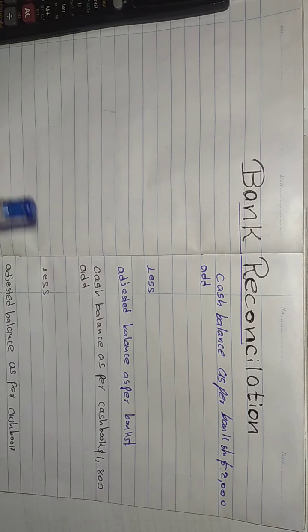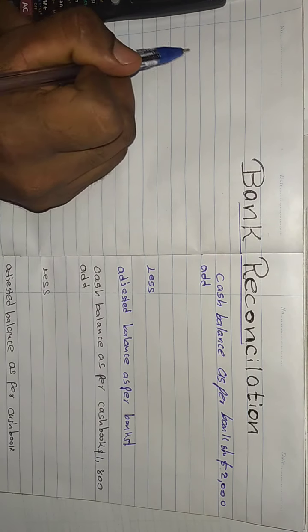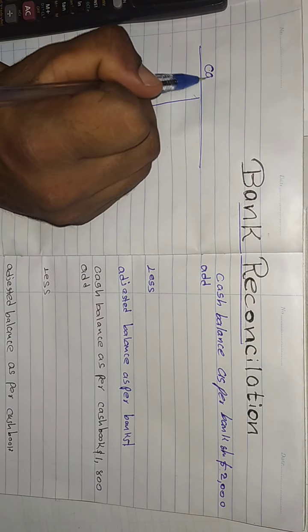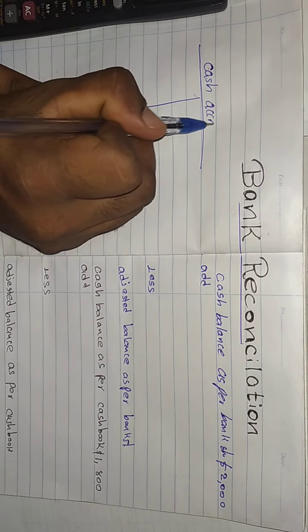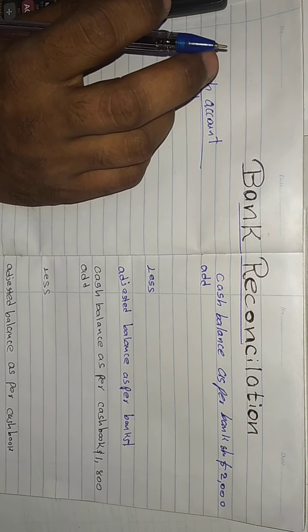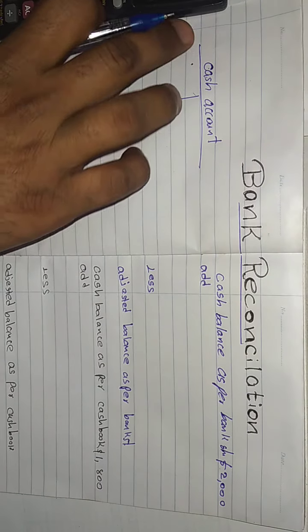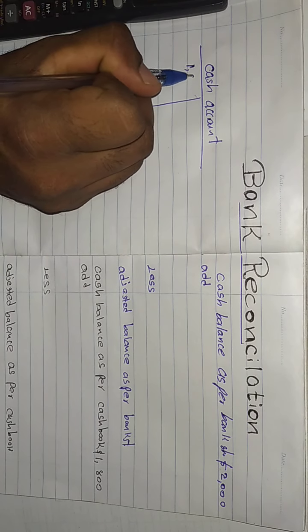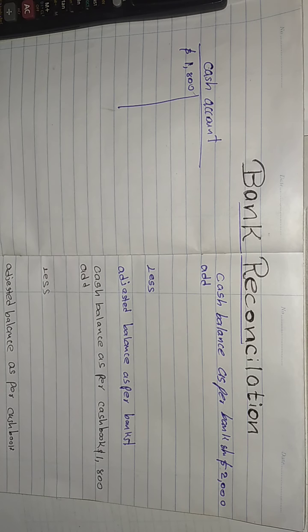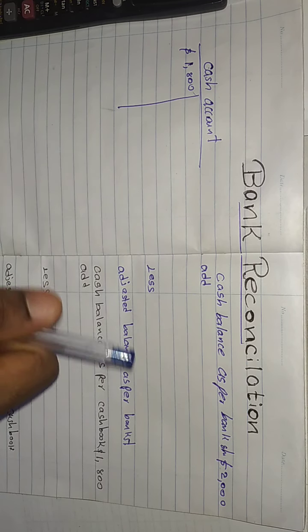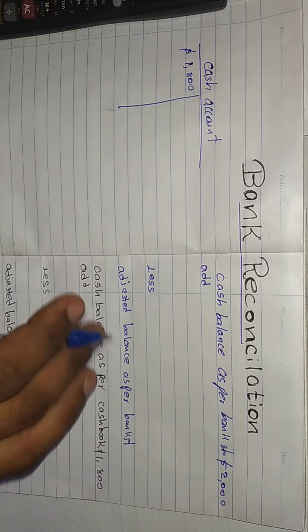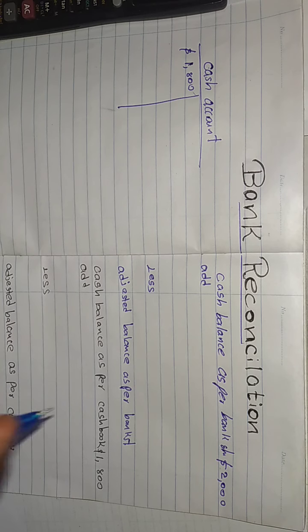If you're looking at our general ledger cash account, okay, we create a T ledger cash account. This is our general ledger. It's showing we have $1,800. So we are going back to our bank statement, and we are looking at it. Our bank statement shows that we have a note that the bank collected for us.